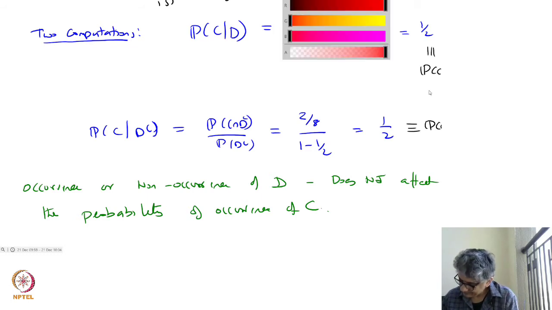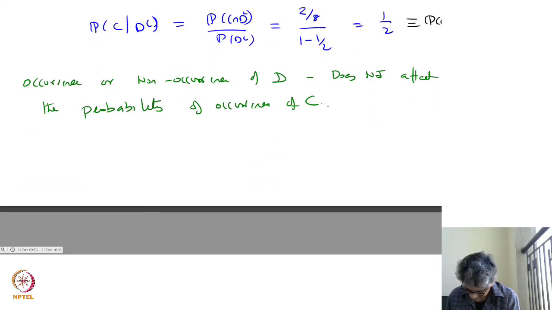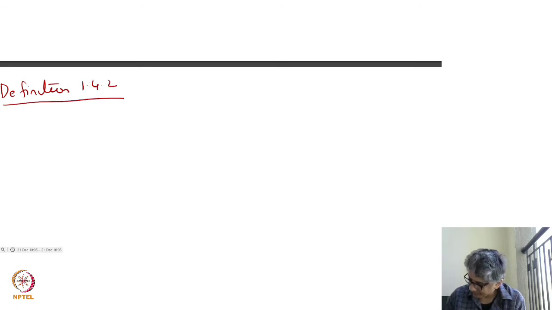Sorry about that. So here's a very important definition in probability. Definition 1.4.2, called independence.